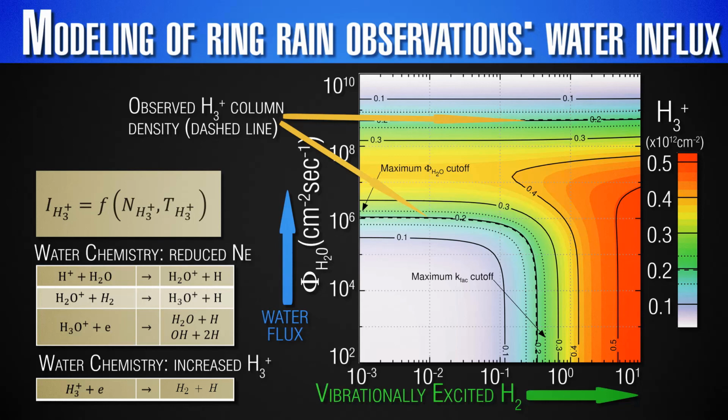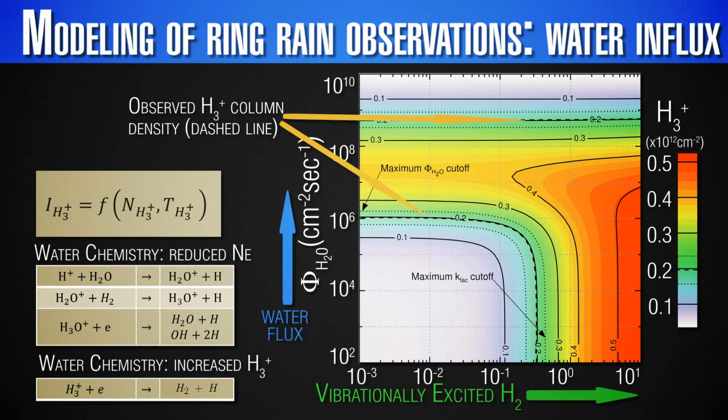This figure here shows an exploration of the parameter space for how that might happen at Saturn. So this is at one particular latitude, and we've just explored many different variations, possible combinations of water influxes and different loss rates in the ionosphere. And I also highlight the densities that were derived from the observations. Okay, so from the H3+ observations, we can see in the dashed lines the density from the H3+ observations.